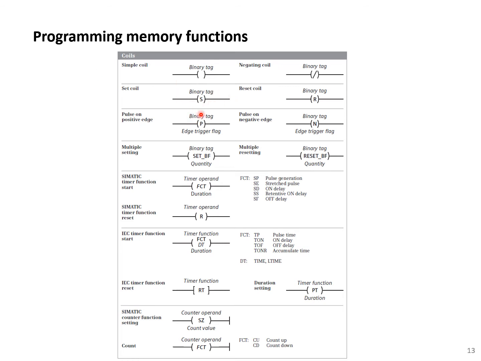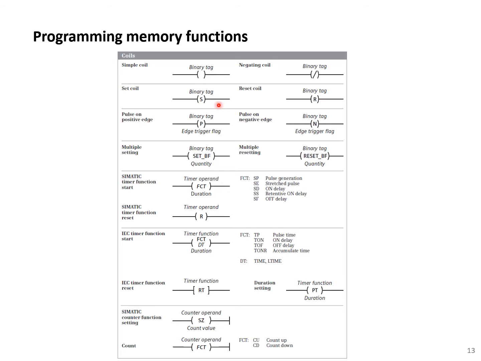However, for the set coil, you just need to have a true logic once for one cycle, and then this coil will stay true because you set it once and you don't need to keep pushing.